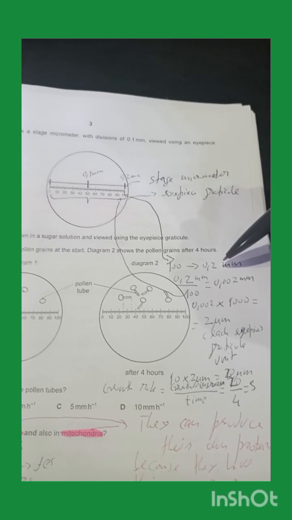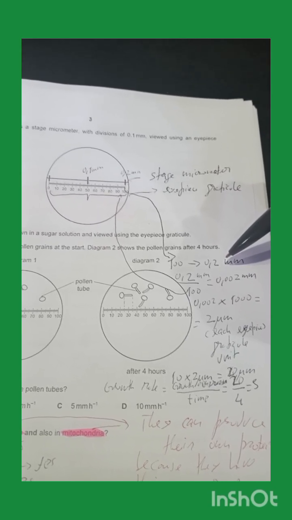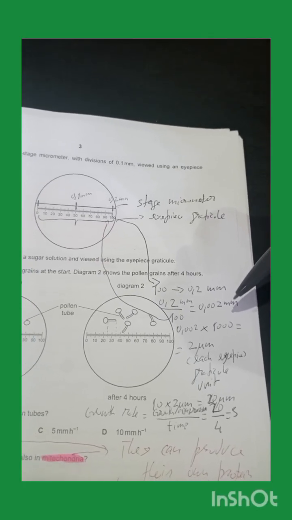If we want to know what each unit corresponds to, we divide 0.2 by 100, and we get that per unit is 0.002 millimeters. So each eyepiece reticule unit corresponds to 0.002 millimeters.